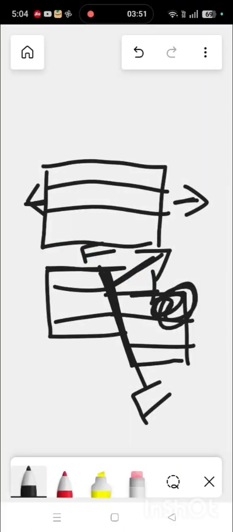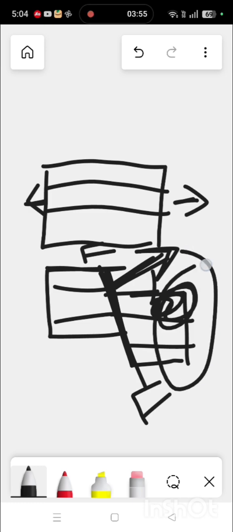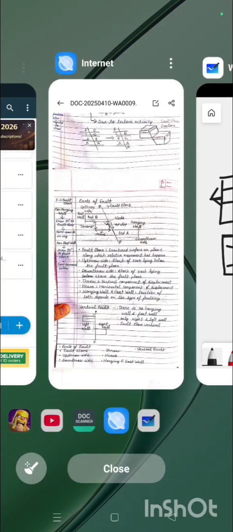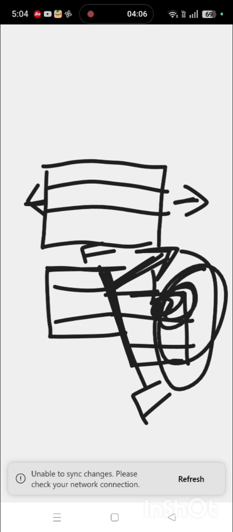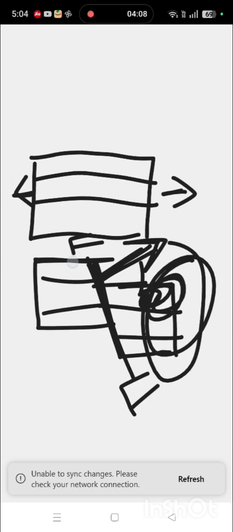We draw perpendicular here, then it is pointing upwards, so this area will be the hanging wall. And now its opposite will obviously be the footwall.